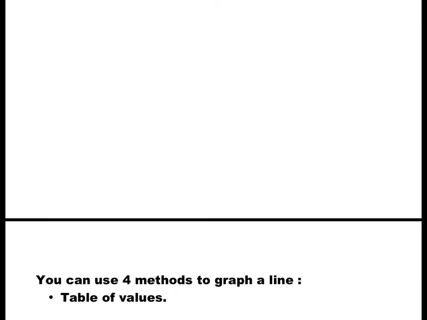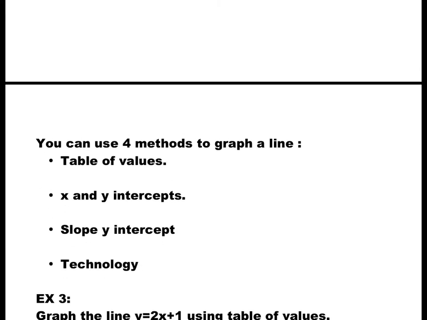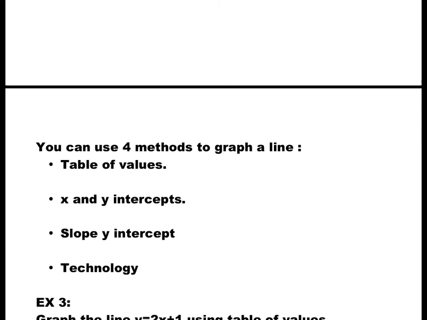The next topic that you should know is about graphing lines. You learned in grade 9 that there are a few different ways of plotting a line. One of these was table of values, TOV, where you pick different values for x, find y, and then plot the points.